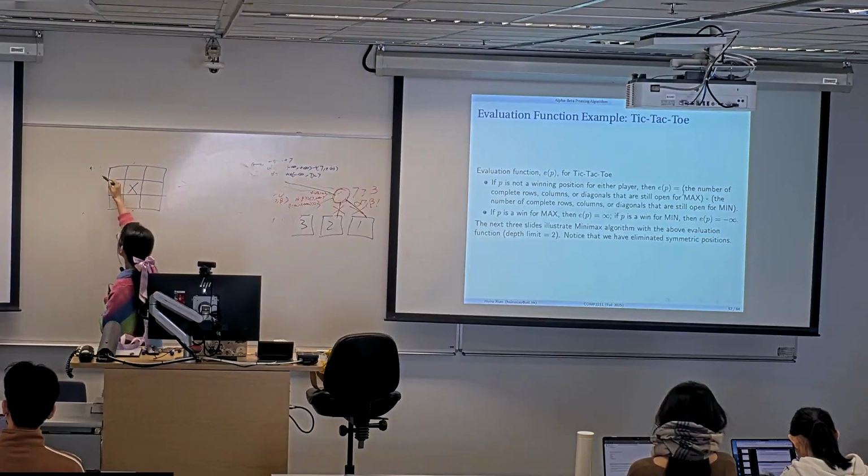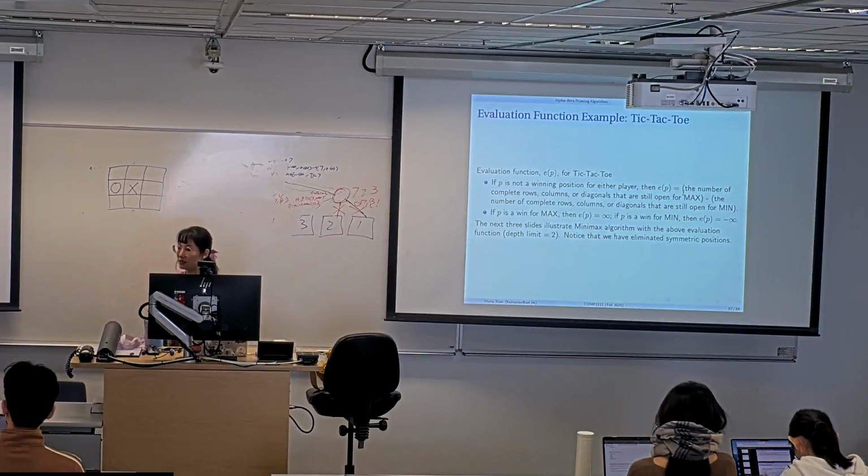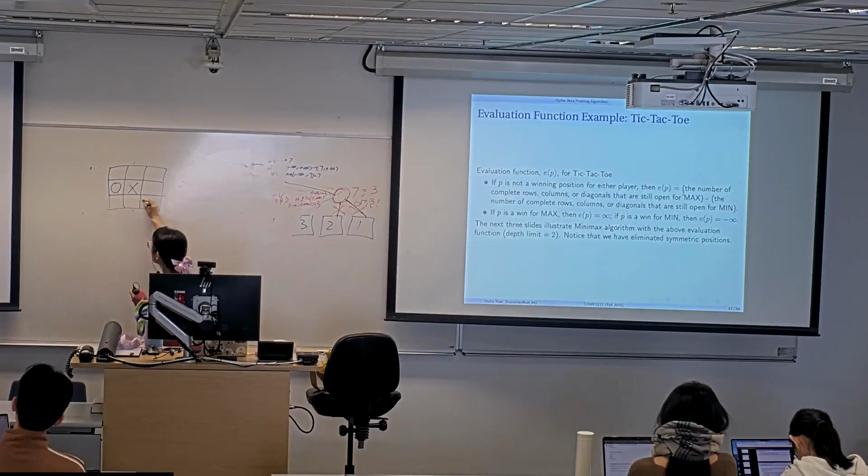Then the first row is still open for the max. Max is the cross, right? Because currently no cell is occupied in the first row. And the second row is not open because the nodes already put a mark here. The second row is not open for cross. The third row is open. And then the first column is not open, but the second column is open for the cross.